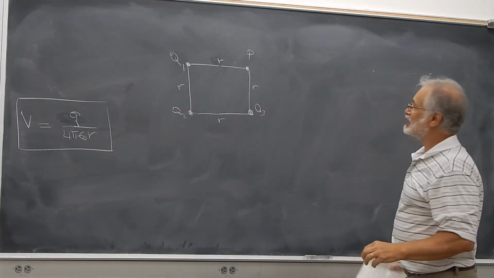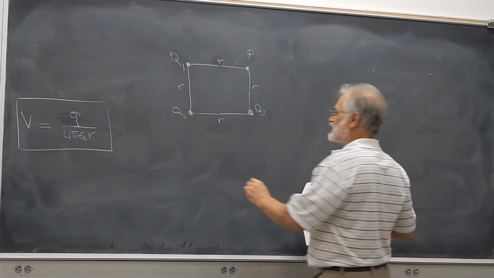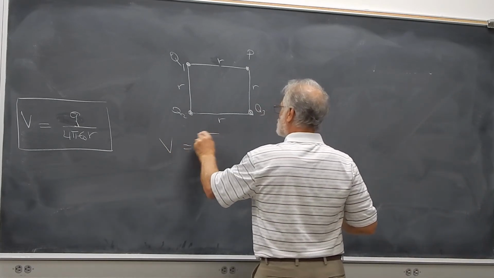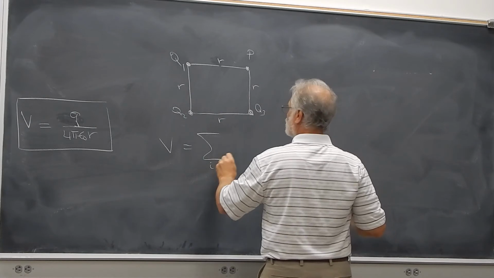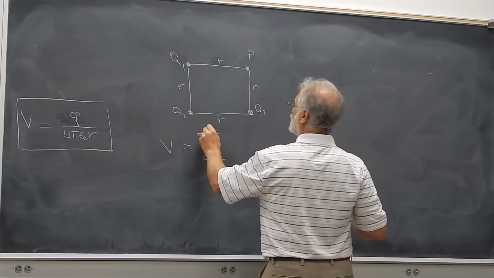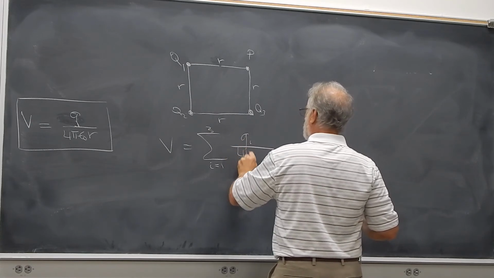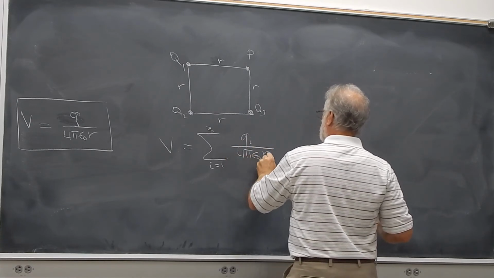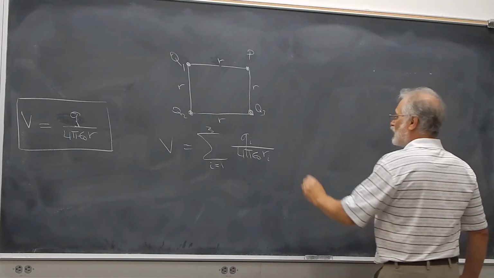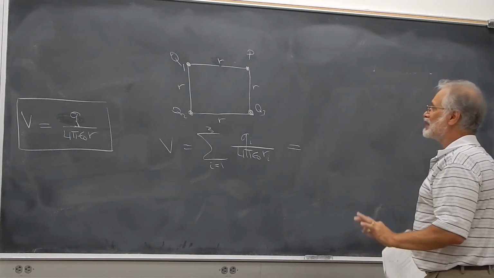The electric potential due to those points would be the sum of Qi over 4 pi epsilon naught r sub i. No vectors, no components, no nothing.